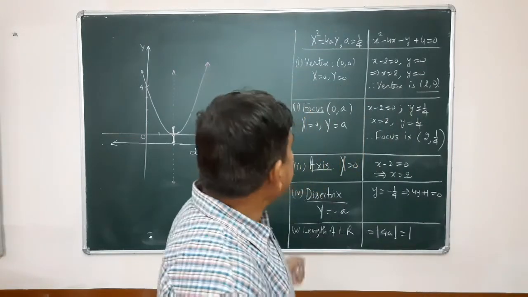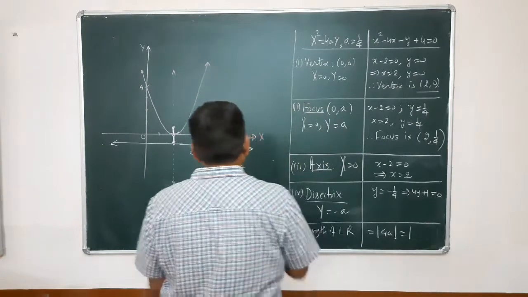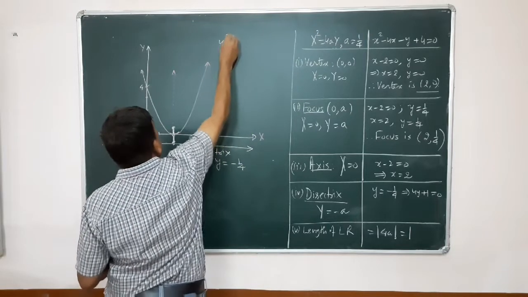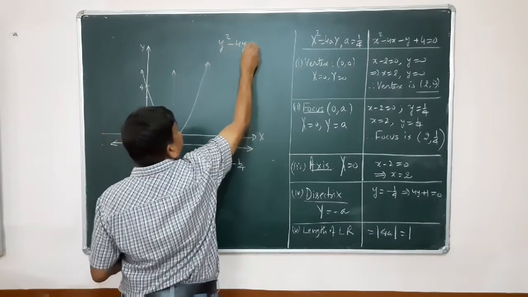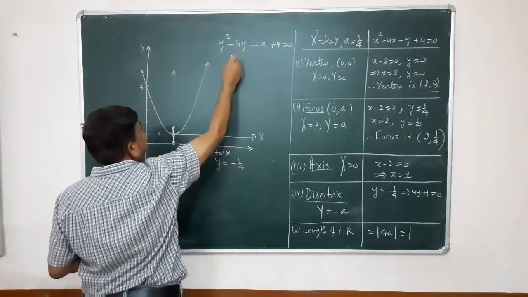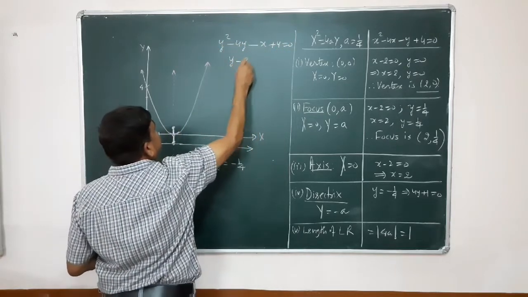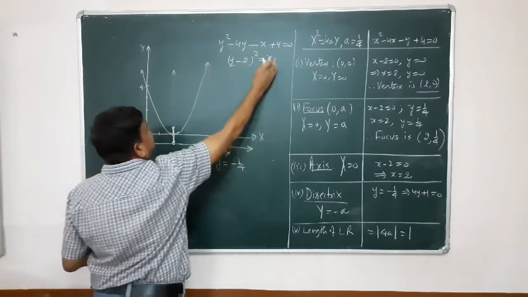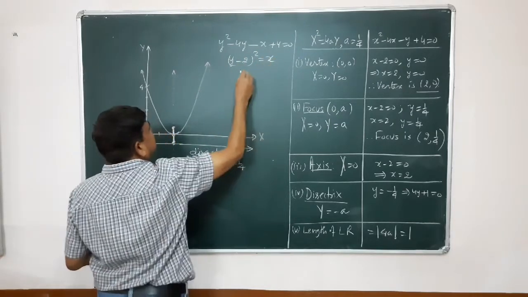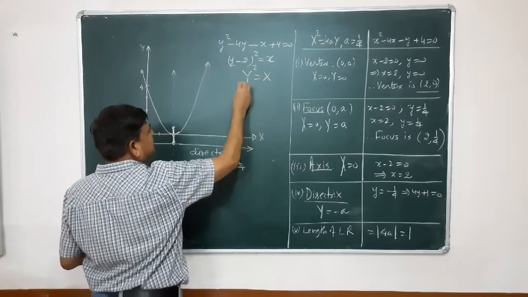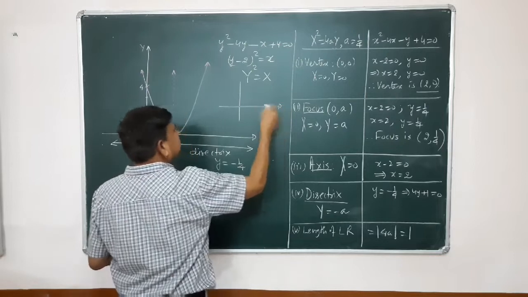Similarly, if the equation is given with x and y interchanged, that is y square minus 4y minus x plus 4 equals to 0, suppose that it is y minus 2 whole square equals to x, then this equation is reduced into this particular one. Then we will see the graph.